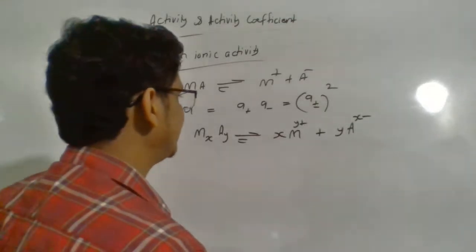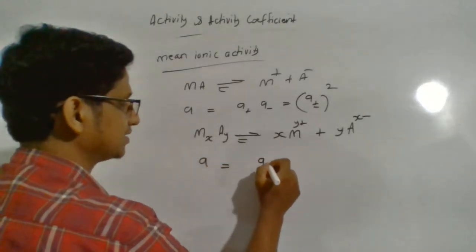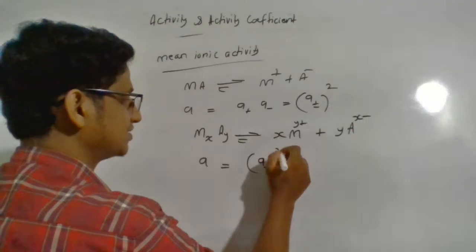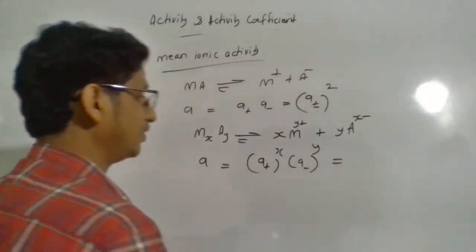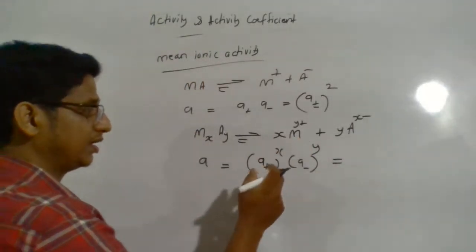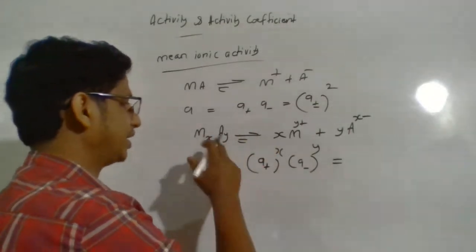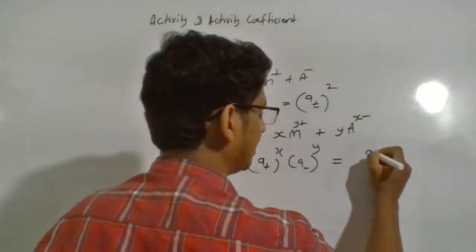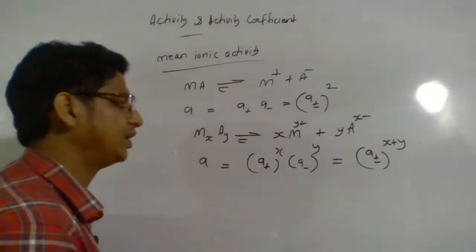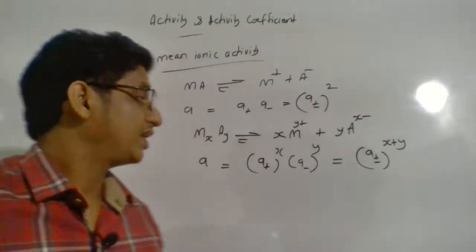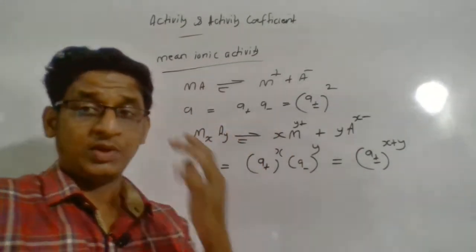So now let us change that equation by considering the activity will be equal to a plus raised to x into a minus raised to y. This is the way where x and y for an electrolyte depend on the coefficient of each component, like cation and anion. So we can say a plus or minus raised to x plus y will be the activity of an electrolyte of type MxAy. It may not always be a monovalent electrolyte, it may be polyvalent as well.